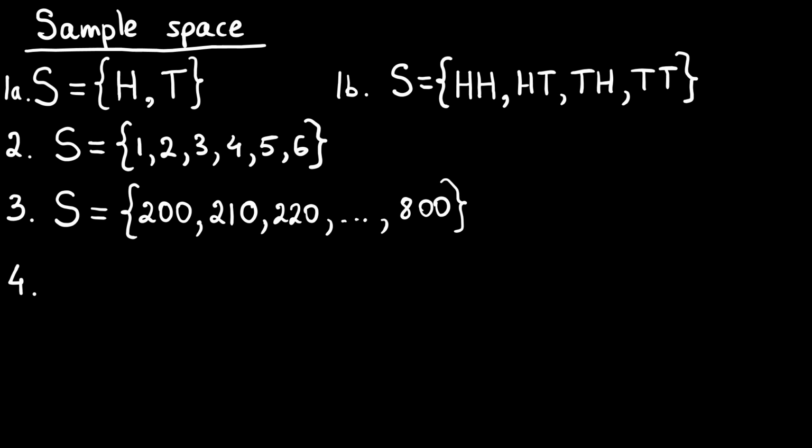If we were observing the reaction time to a certain stimulus, and if we suppose that there's always a non-zero delay between stimulus and reaction, then the sample space will consist of numbers that exclude 0. 0 is not possible because of that delay.